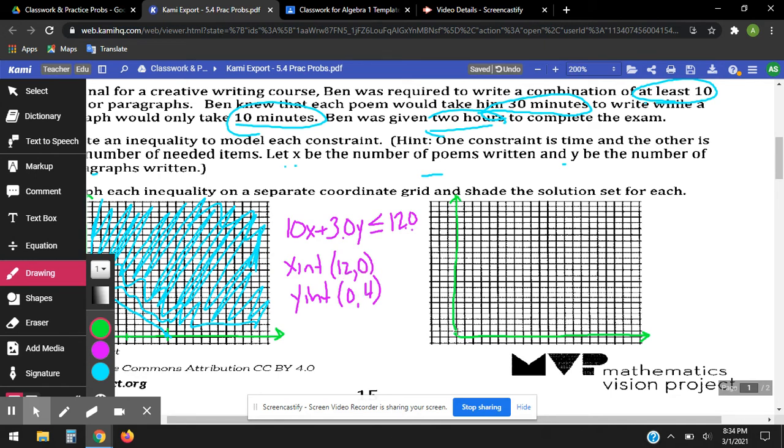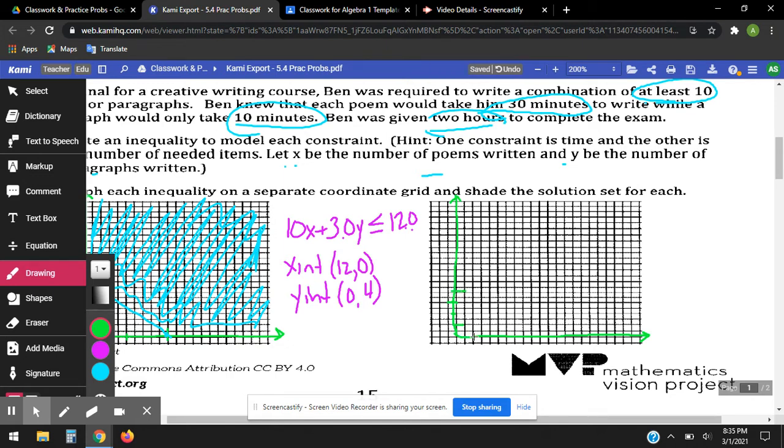The x-intercept is when y is 0. Okay, just making sure. All right, 1, 2, 3, 4. Let's go every other, so this is 1, 2, 3, 4. Okay, so there's 4.